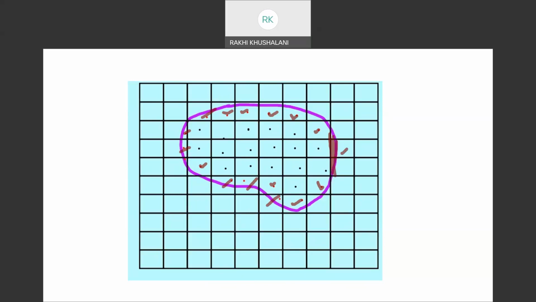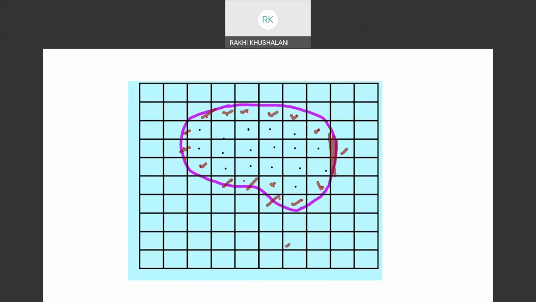So I counted it as 1, 2, 3, 4, 5, 6, and 7. So 7 halves will give you 3.5. Correct? So first we had got 27, 27 plus 3.5 gives me 30.5 square units.